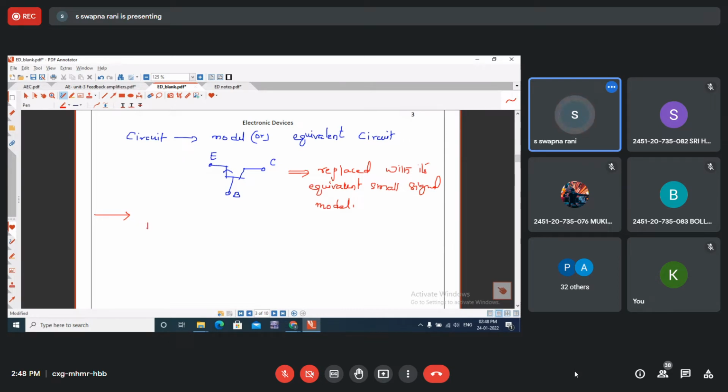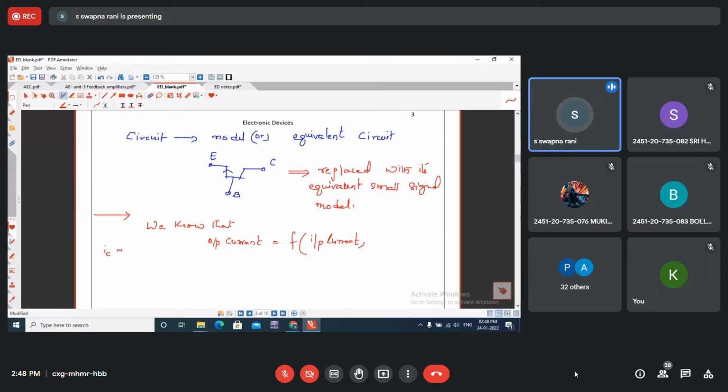So we know that the BJT is a current controlled current device. Is it right? So output current is a function of input current, because for all three configurations we have a relation between output current and input current.